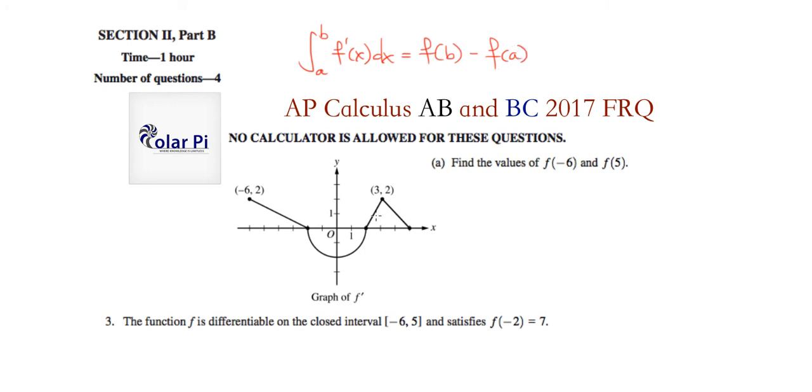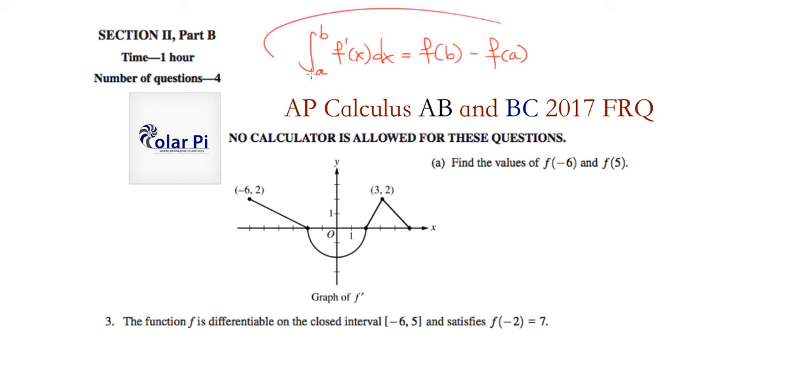So if you adapt this statement to our situation here, you'll be able to find f of negative 6 and f of 5. Since the only thing we know about f is its value at x equals negative 2, either this limit or this limit will have to be negative 2, depending on which question we're answering. Remember, when we write limits of integration, we like going from a smaller number to a larger number.